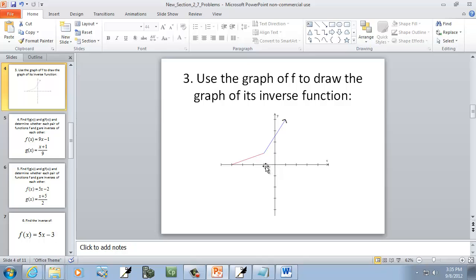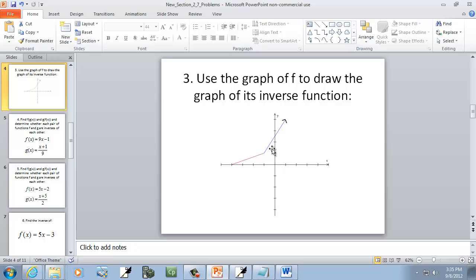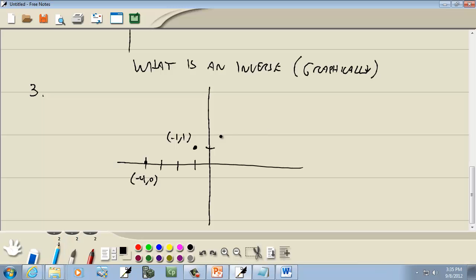The next point is at -1, 1, which is right there. And then there's another one at 1, 4 maybe, right there. And we draw a line like that, and like that.